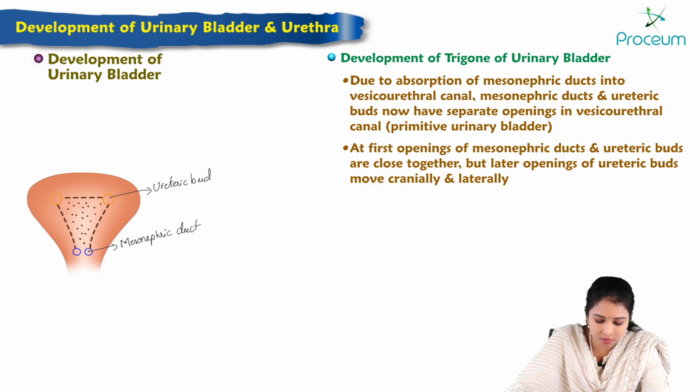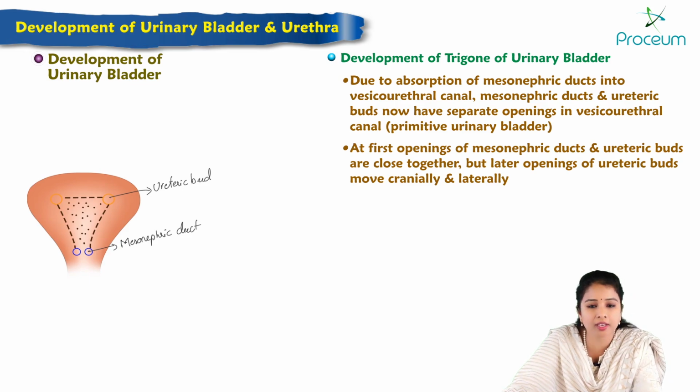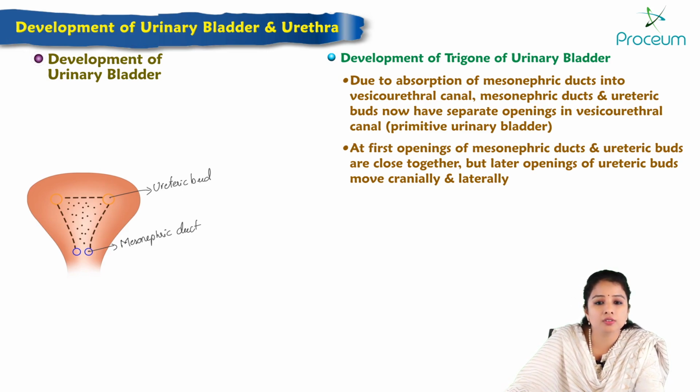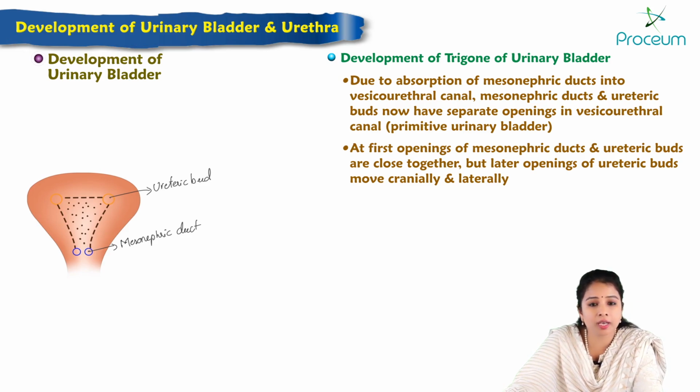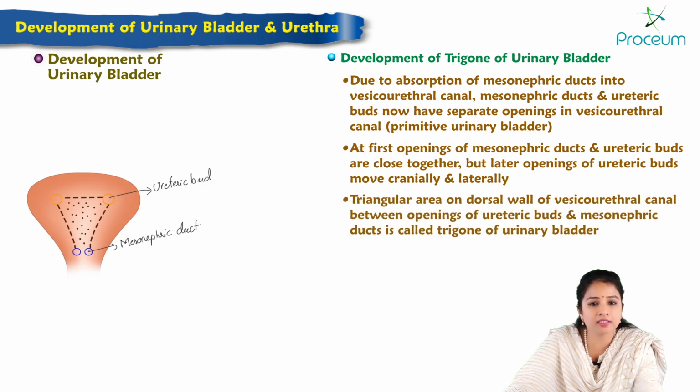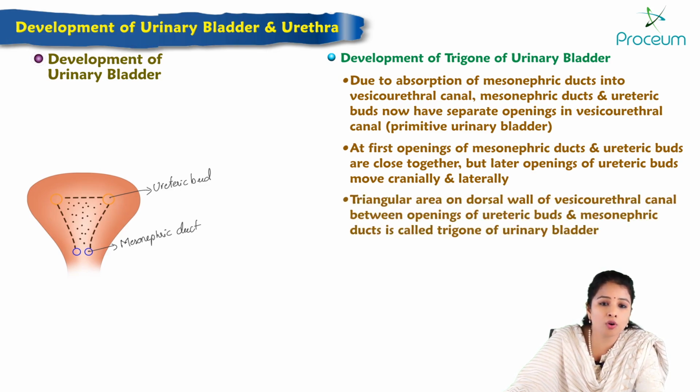So we can see the ureteric bud opening and the mesonephric duct opening are quite far apart. Because of the absorption of the mesonephric duct, it creates a triangular area on the dorsal wall of the vesico-urethral canal between the openings of ureteric buds and the mesonephric ducts.